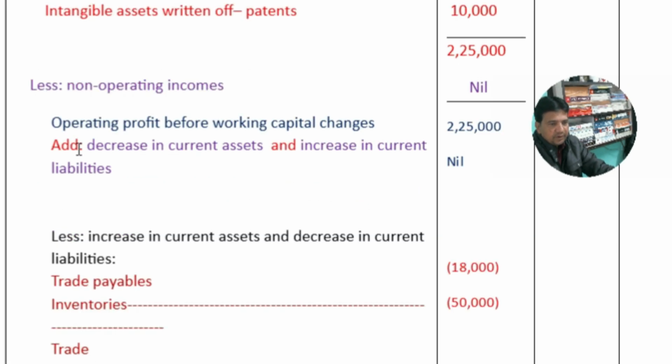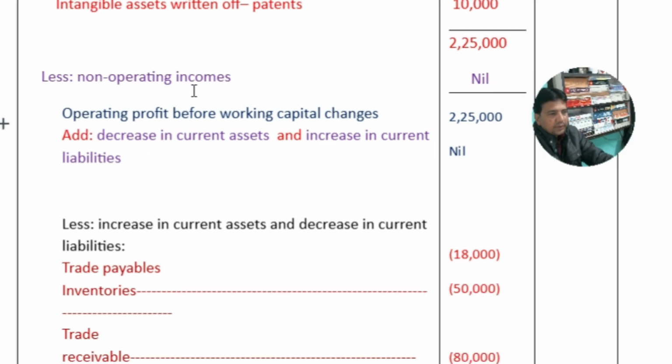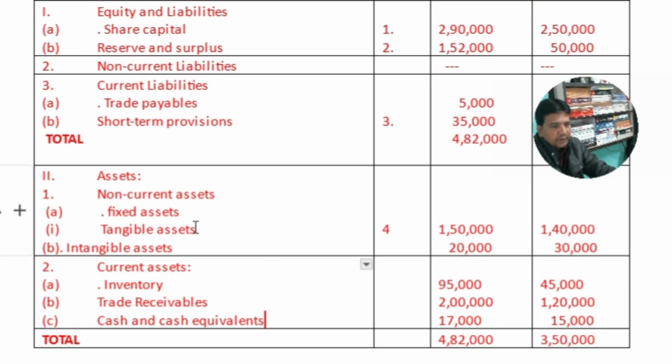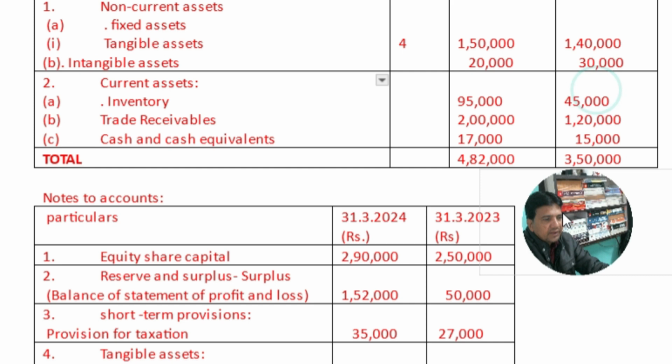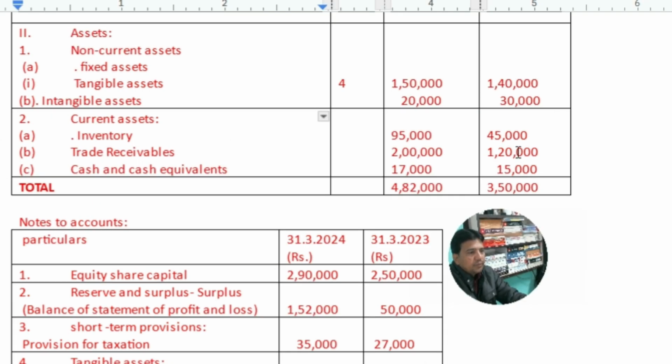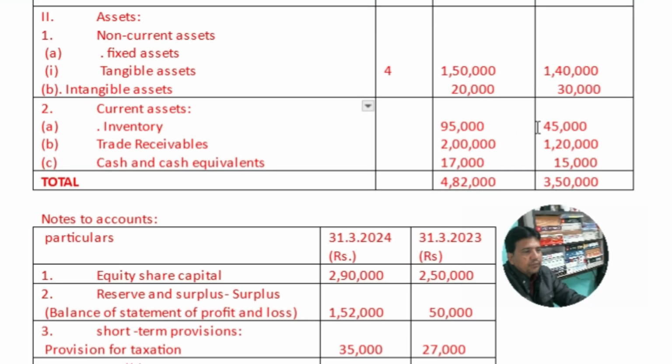Next heading is decrease in current assets and increase in current liabilities. If the question is viewed, there is no decrease of current assets. Inventory and trade receivables are both increasing, from 45,000 to 95,000 and from 1,20,000 to 2 lakh.